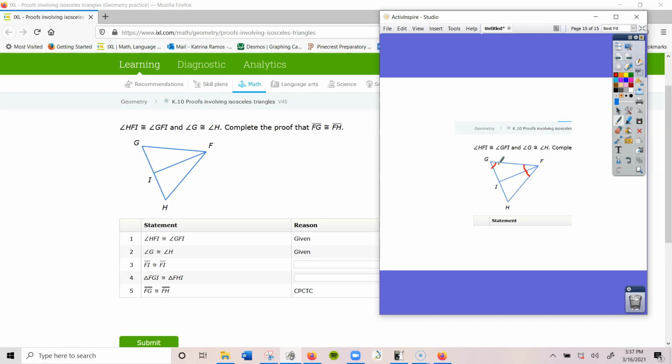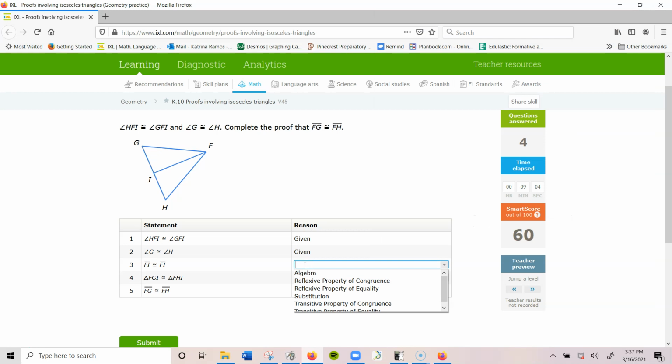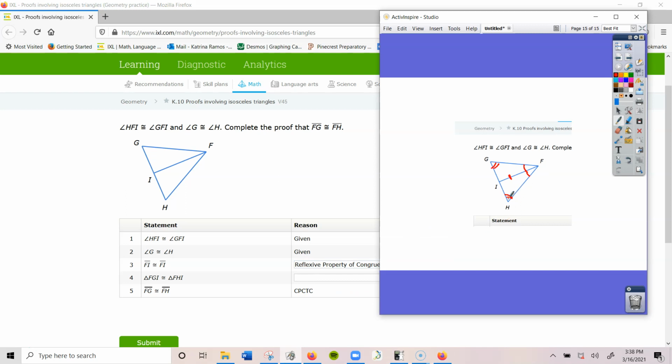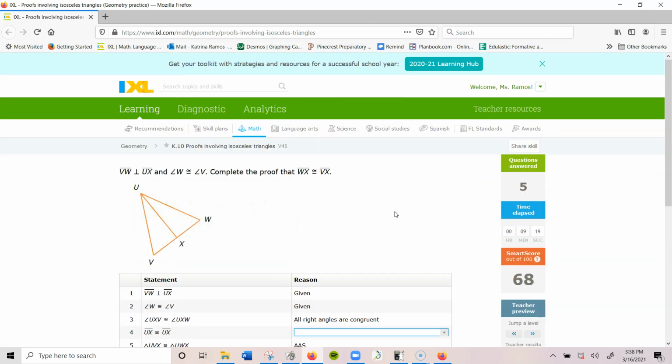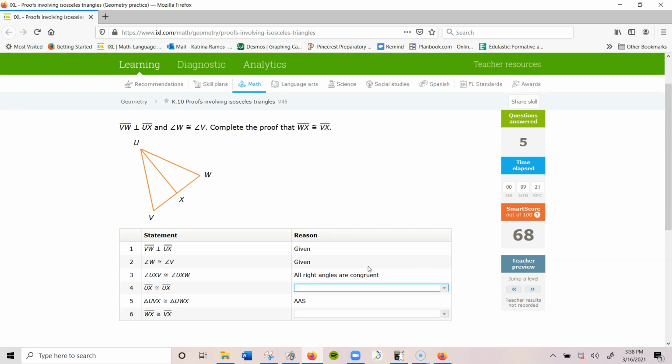Angle G is congruent to angle H. And that FI is congruent to itself because, again, the reflexive property of congruence. Now, by looking at my diagram, what we have here is an angle, and then a side. So AAS.